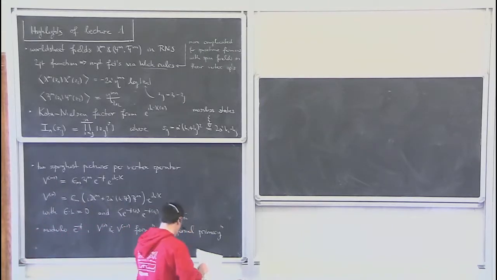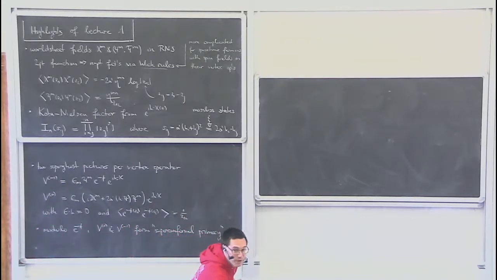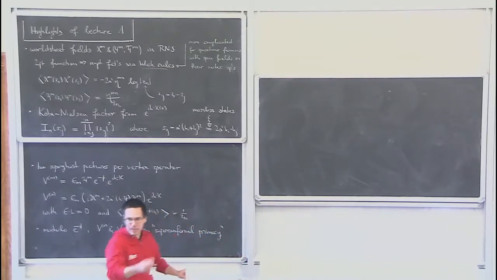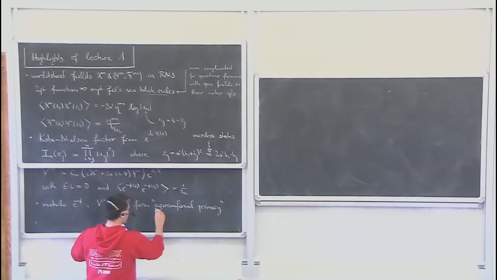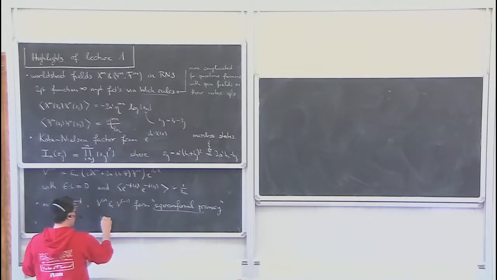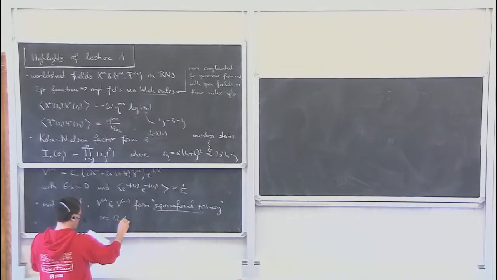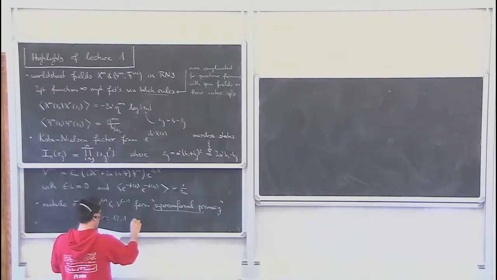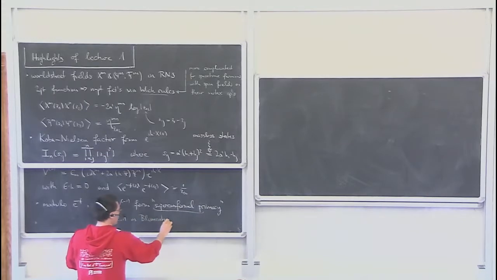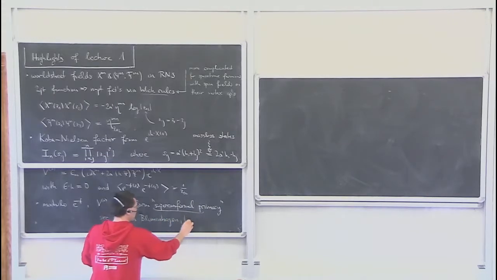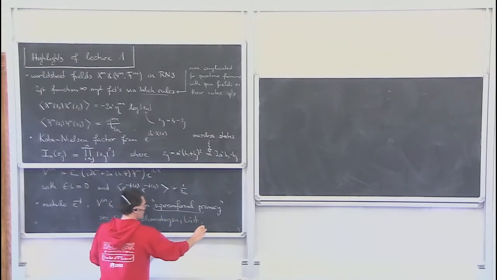So I looked it up. If you want to see the details on why the two are forming a doublet called superconformal primary, please open section 12.1 in a nice textbook on string theory. It's the textbook by Blumenhagen.